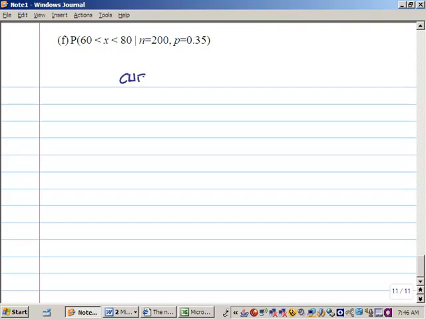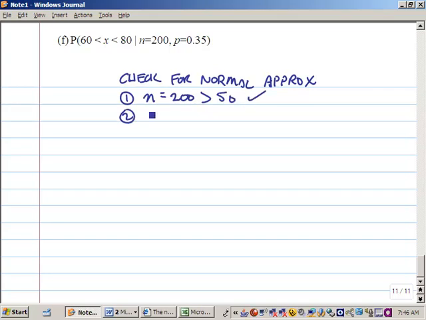Okay, so first we check for the normal approximation. So we do the n large thing in our head. 200 is greater than 50, so that's good. The other part, the mean, it's likely to be good, but we'll just run through it officially.